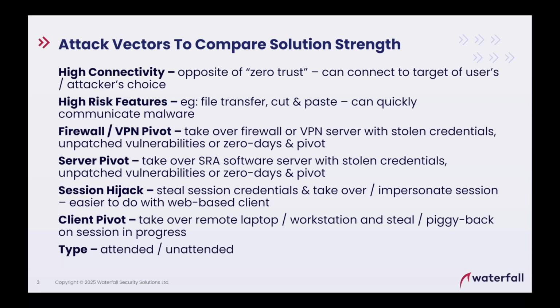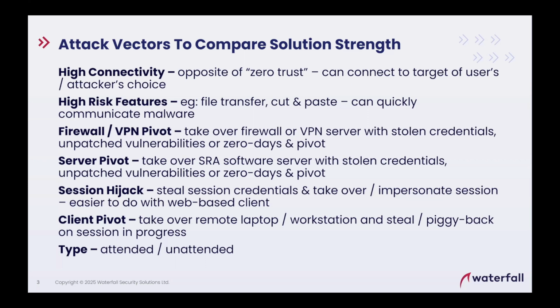In this scenario, the bad guys get into a firewall or the VPN with stolen credentials, or they find a vulnerability that has not been patched yet. It's been announced, but nobody's patched it. Or they find a zero-day that hasn't been announced, and they somehow take over the firewall or VPN server and start using that system to attack the OT.